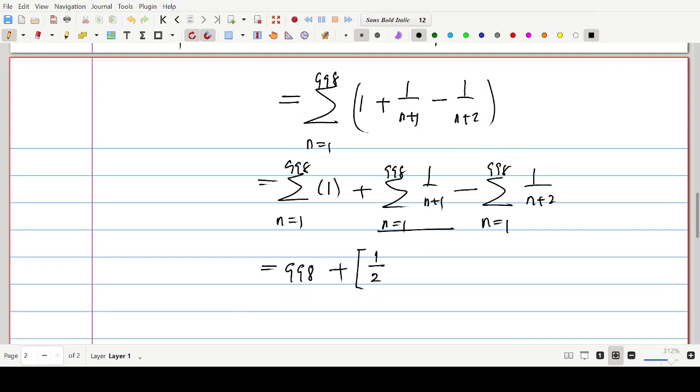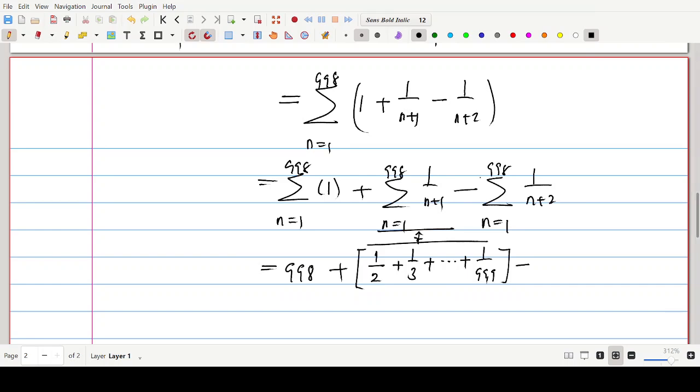That is when n is 1, you have 1 over 2 plus 1 over 3 plus, you keep on going until n assumes 998. And when n assumes 998, we'll be having 1 over 999. All right. So we're done. So this one you see here is for this. Take note of that.